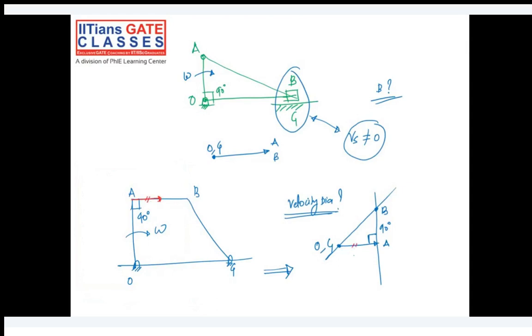The velocity of BG will be in this direction, as already shown here, and the velocity of link AB will be perpendicular to this, which is also shown here. So that's how we got the point B here. Is it clear till this?